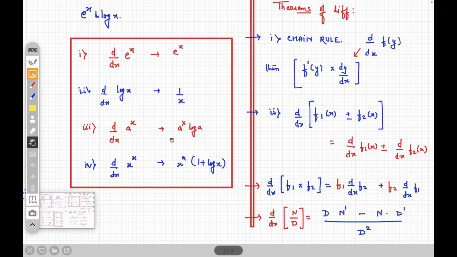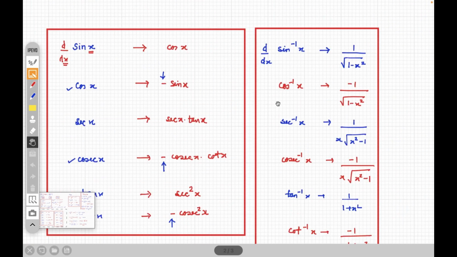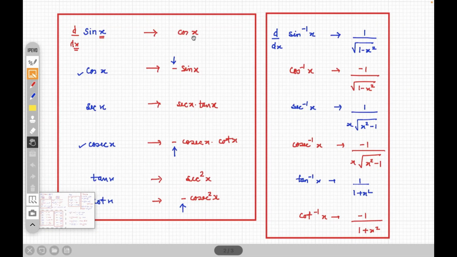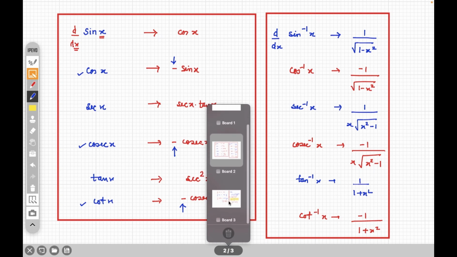Clear? Yes, sir. When we will hit sine, it will become cos of whatever inside. Yes or no? Yes, sir. So following the same.